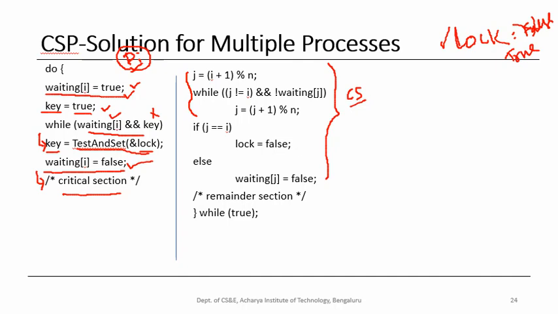And if the selected process again happens to be the same process, then it will make lock equal to false, so that some other process which first could acquire this lock can go into the critical section. I'll discuss these things in detail.